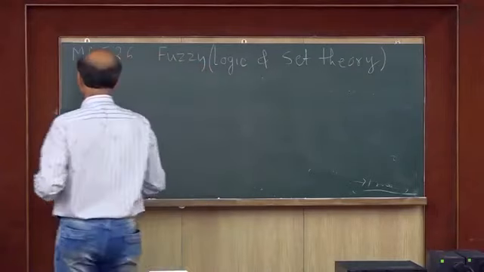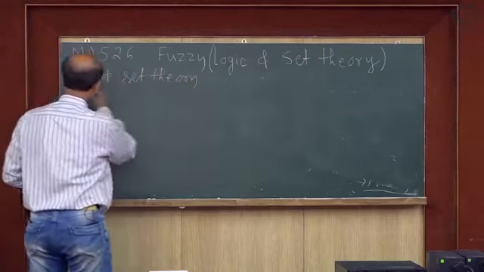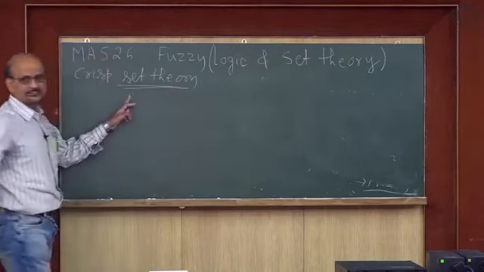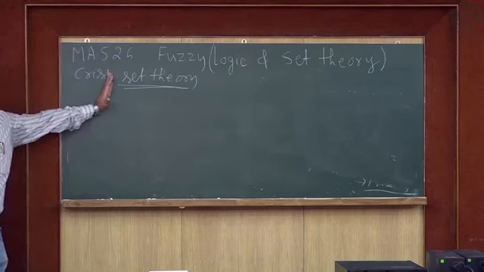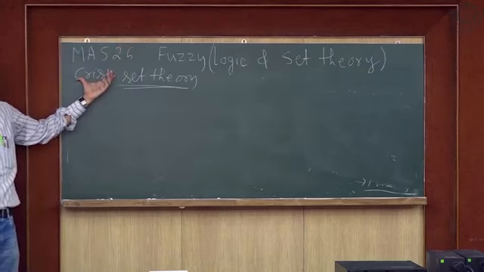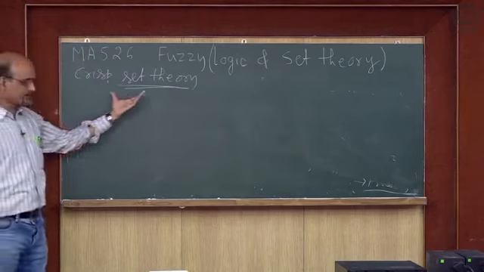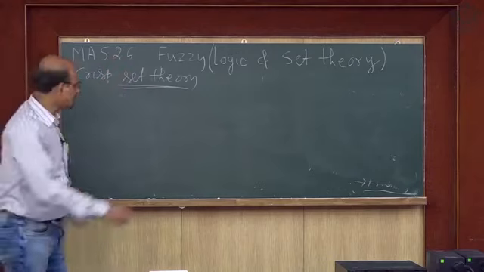So, that means for crisp set theory, or actually you call it just set theory, I am using crisp set theory because we have fuzzy set theory. Okay? That is why I am using this word crisp set theory. Till now you have done set theory. So, in crisp set theory, how do you define a set?